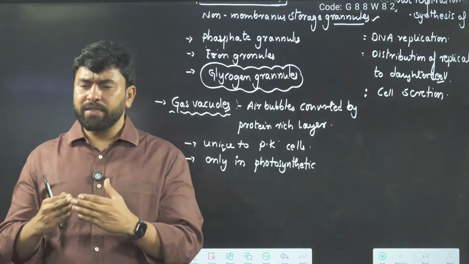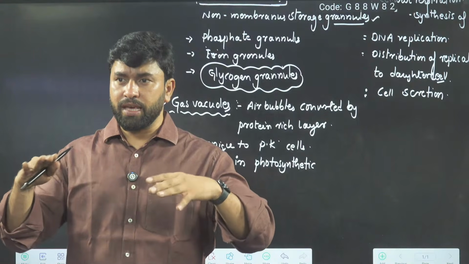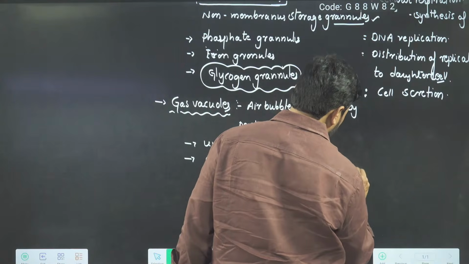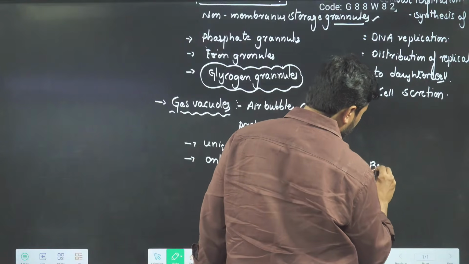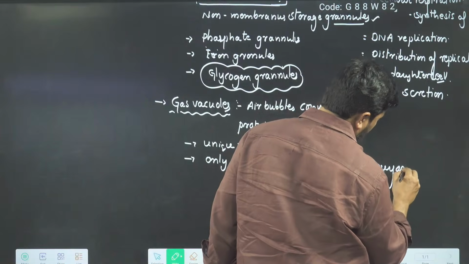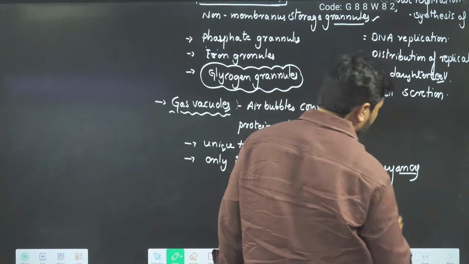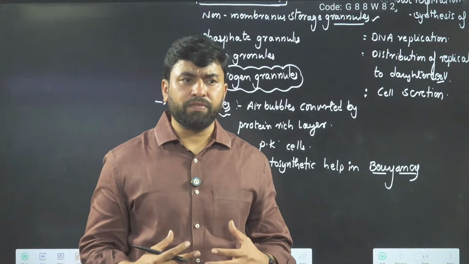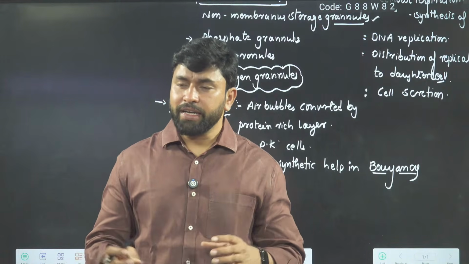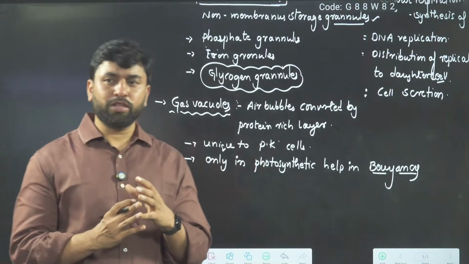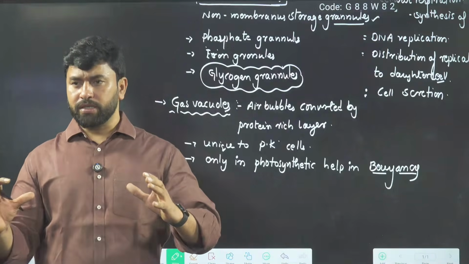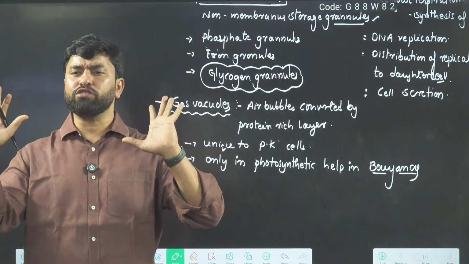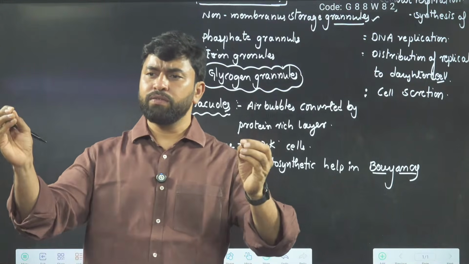That air will give this cell buoyancy or floating. Gas vacuoles help in buoyancy or floating. Like that, gas vacuoles are very much essential for the bacteria in order to maintain constant exposure to the sunlight to conduct photosynthesis. Very important. Gas vacuoles are exclusive for only those bacteria which are able to perform photosynthesis.